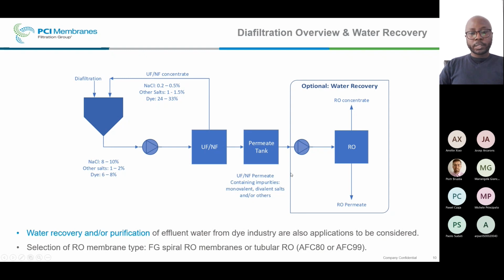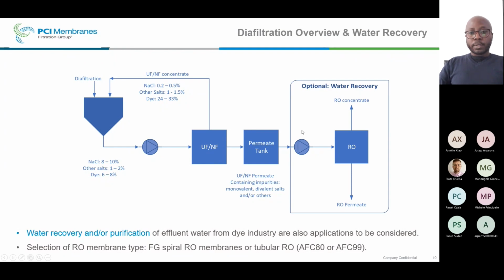So we as PCI are also able to supply you a number of membrane systems. So either looking at a tubular configuration or a spiral configuration, which could be implemented as the second stage to recover the water that's been used within this process.